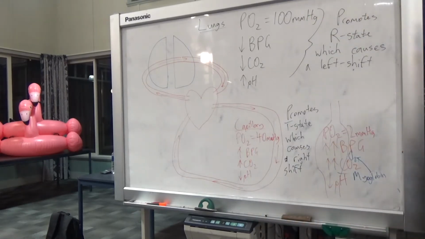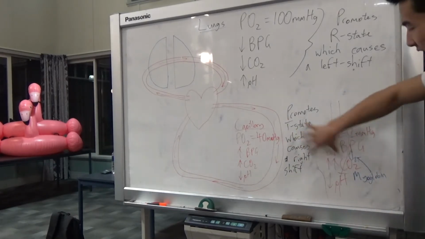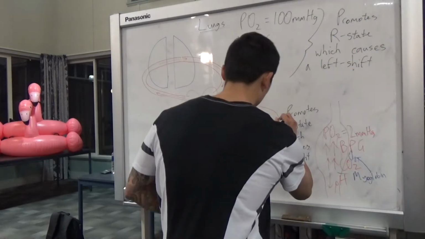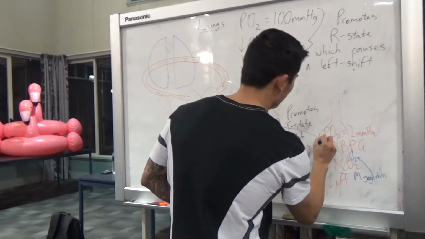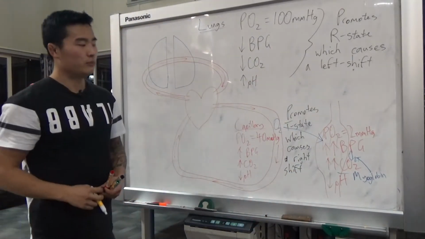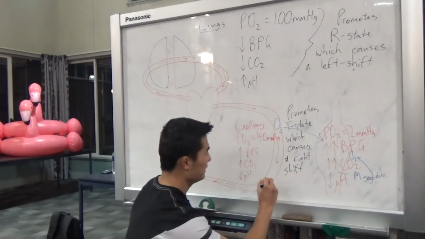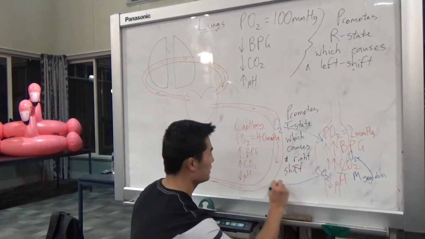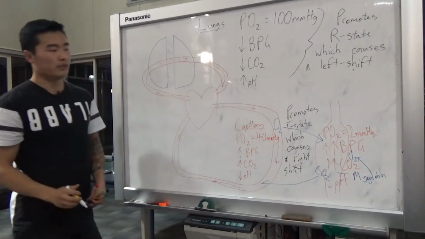And if you have a right shift, that means you have lower oxygen affinity, and that means you can release more oxygen where we need the oxygen here. So all of your oxygen is going to go into the blood, and the carbon dioxide will also be picked up by the blood.